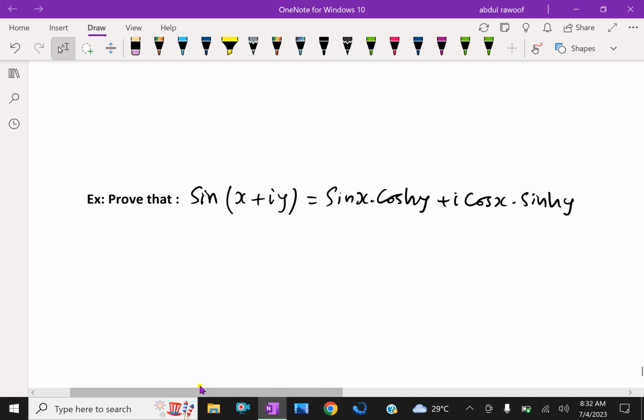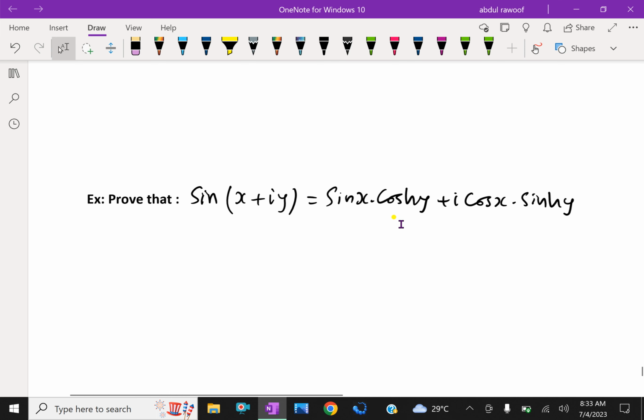Next question. Prove that sin(x plus iy) equals sin x cosh y plus i cos x sinh y.